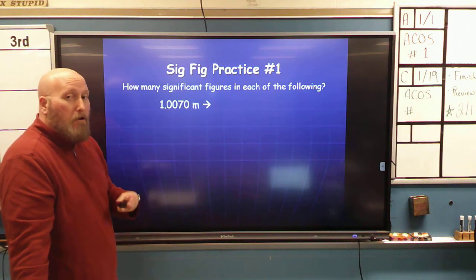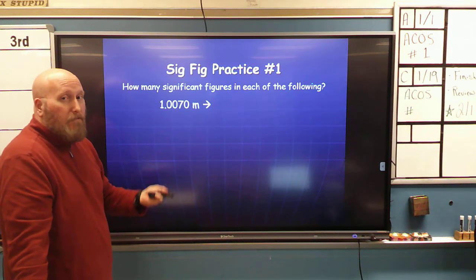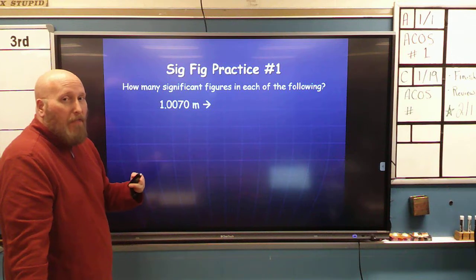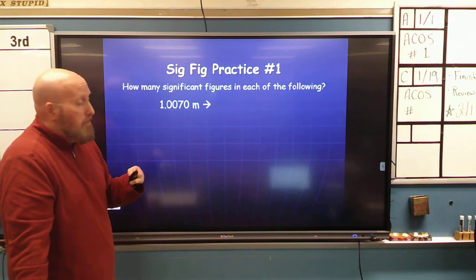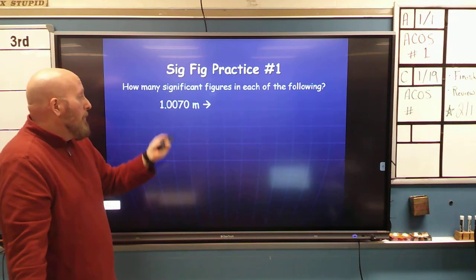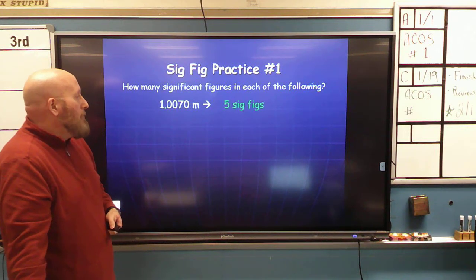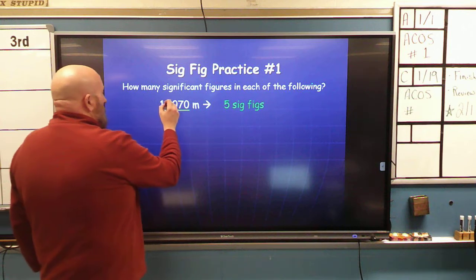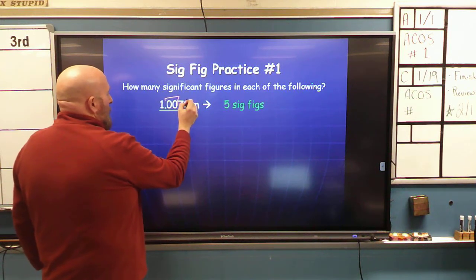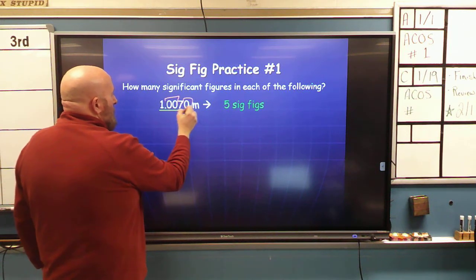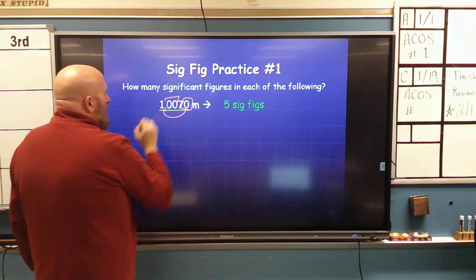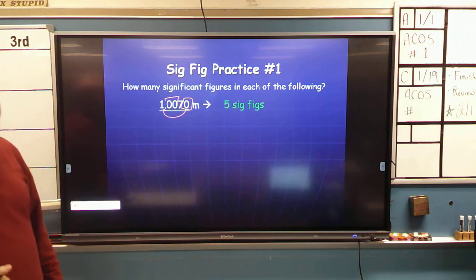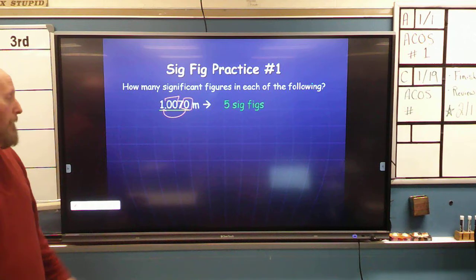So is it going to count or not? Well, depends. If there is a decimal point, that 0 counts. If there isn't, it doesn't. Is there a decimal? There is. So I have 5 significant figures. All 5 of them count because captive zeros, right? Trailing zeros with a decimal point. That's why it counts. Okay, look at the next one.